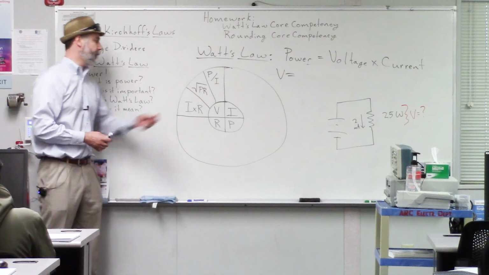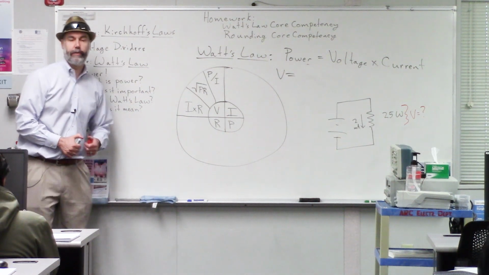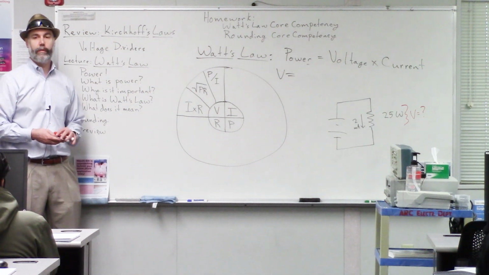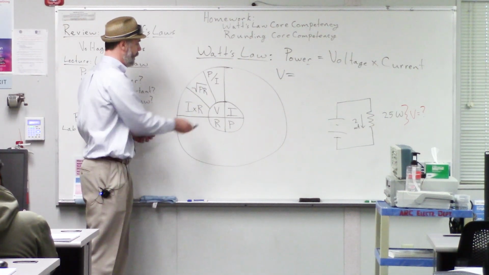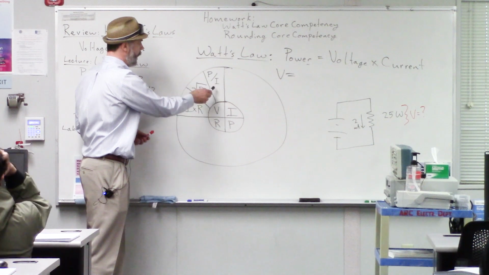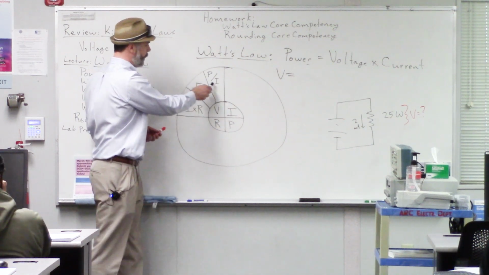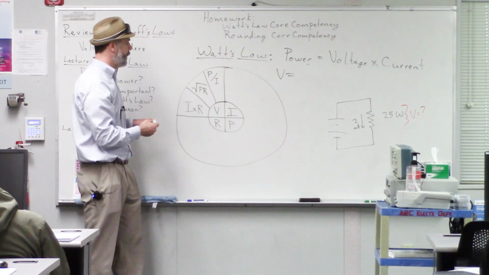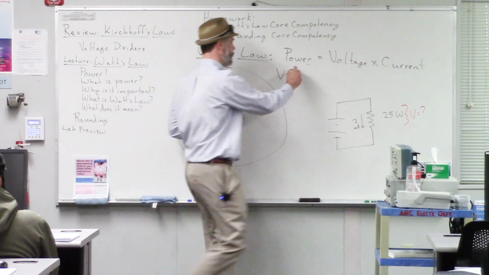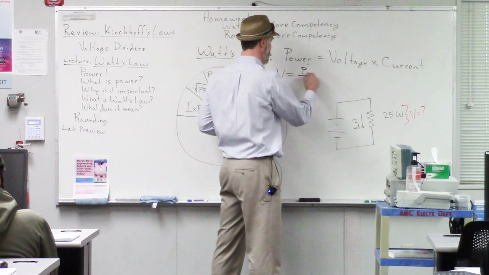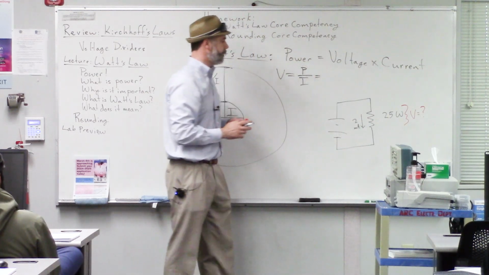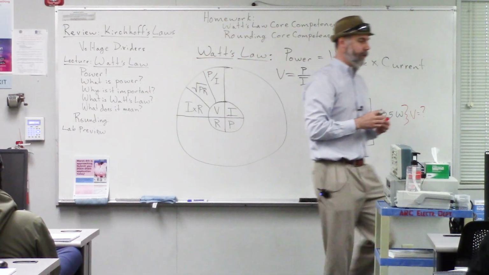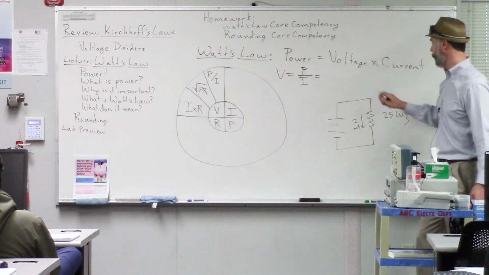So what would be my formula to find my voltage then? P over I. Yeah, power over current. So I know I'm looking for voltage, and this is the formula that includes power and current. So I would say voltage is P divided by I. So then that equals, the power is 25 watts.